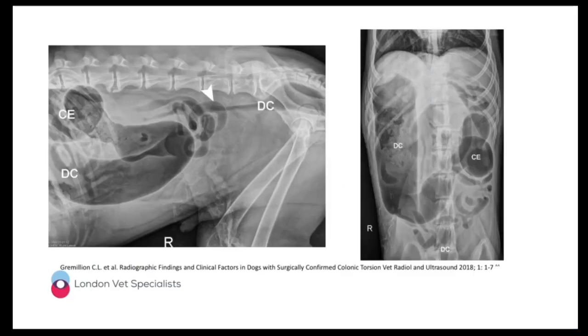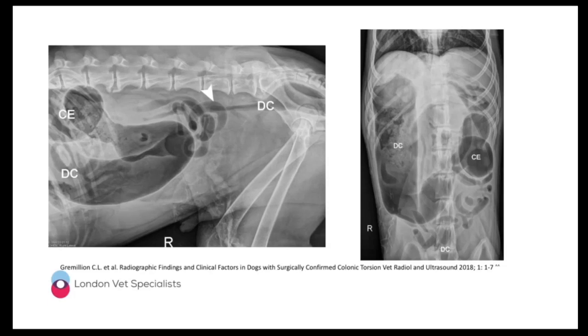So here's some radiographs of a dog with a colonic torsion. This was taken from a paper that was published fairly recently in VRU. If we look at the VD view first, we can see that the cecum is on the wrong side. So we can see the cecum labeled CE is on the left rather than on the right, and the descending colon is on the right rather than the left.